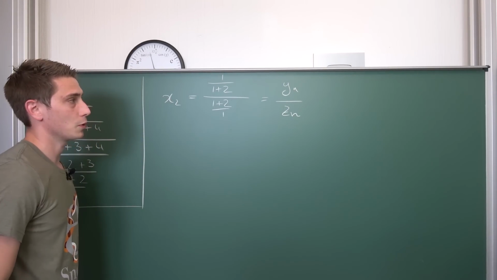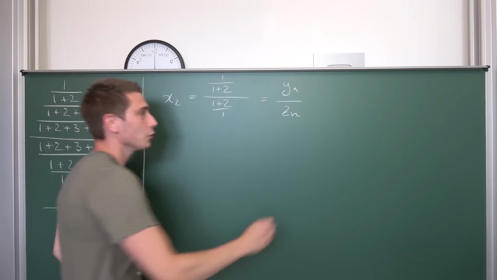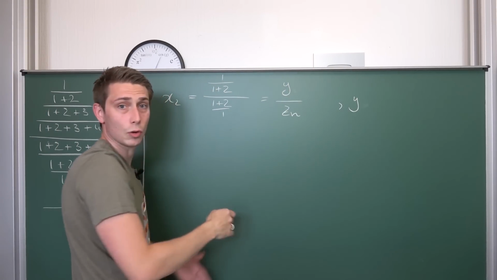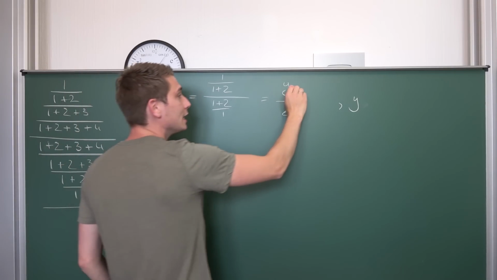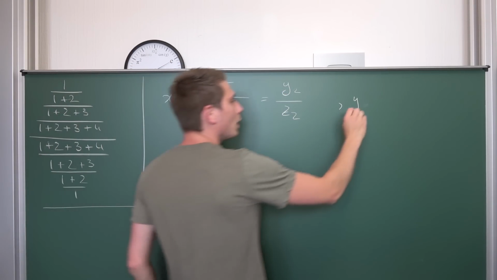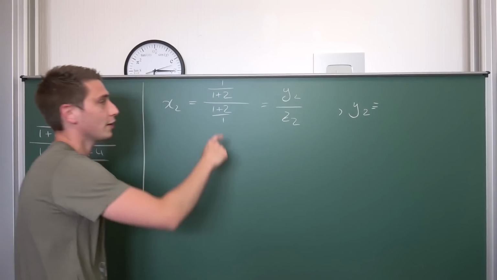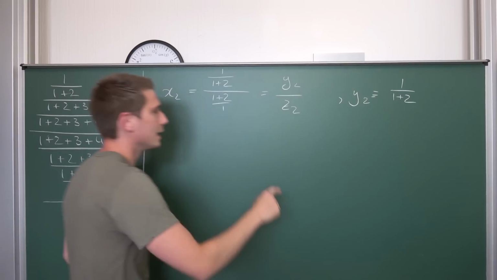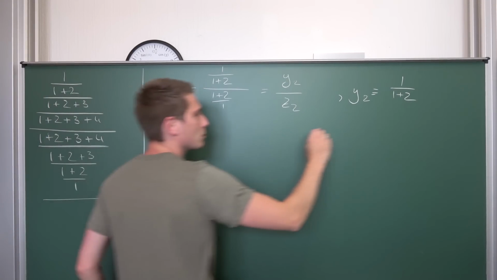This is how we are going to break it up. I'm going to write it out yet again. We define y2 in our case, so later for generalization it's going to be n. This right here is y2 and this is z2, I'm terribly sorry. So y2 in our case is defined as 1 over 1 plus 2, and z2 in our case is 1 plus 2 over 1.